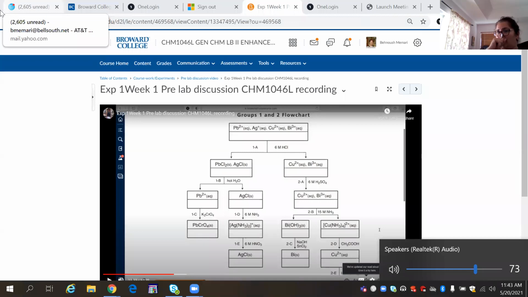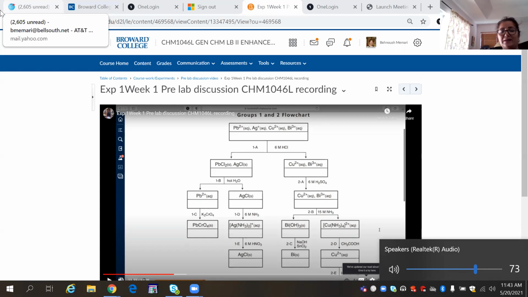You would say, the purpose of this experiment was to identify the ions present in this mixture of the known group 1 and 2. And in order to identify, you did the following. You could say, if you want to summarize it short, formation of the yellow lead chromate solid indicated presence of lead ion.